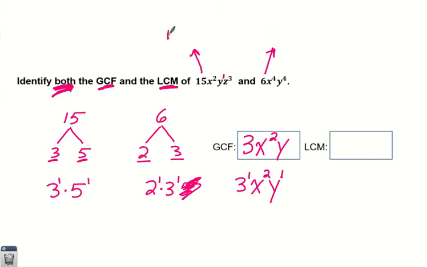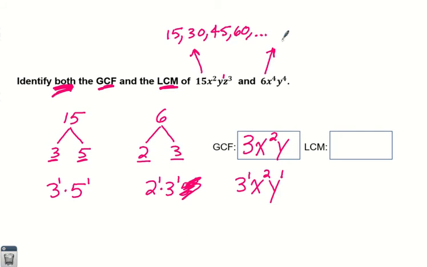Like for 15, listing all the multiples would start with 15, and then 30, and then 45, and then 60, and then keep going forever. But those would be the start of a list for all the multiples of 15.